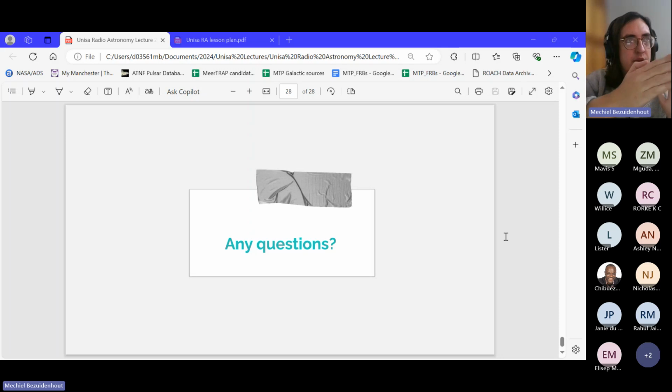And then the shorter baselines allow us to resolve the large scale structure of the image. So in general, you want to have a mix of short and long baselines so that you can resolve the full thing. Or if you want to observe for a particular purpose, if you only want to look at the broad scale structure, then you can use only the shorter baselines.